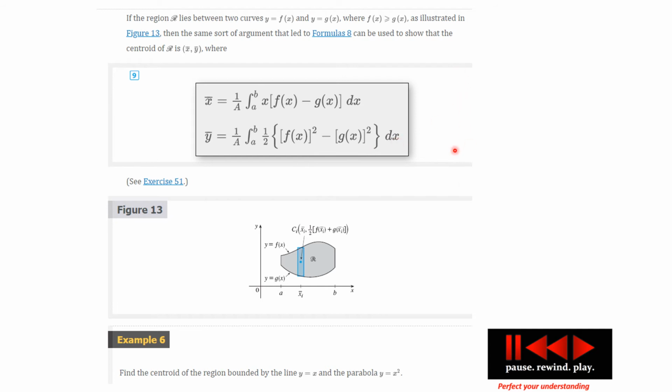Similar kinds of arguments. You want to think through these. So that means we can actually have a lamina that looks like this. You have one curve on top and one curve on bottom, but here are formulas that you have. Let's use those formulas to do a problem.